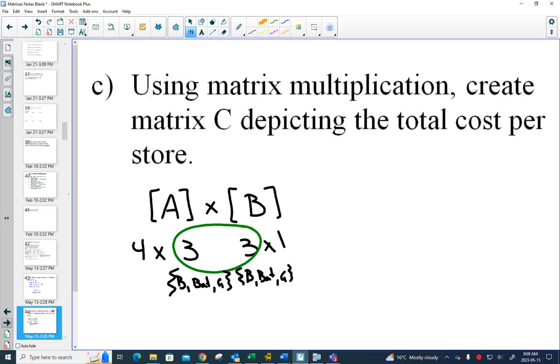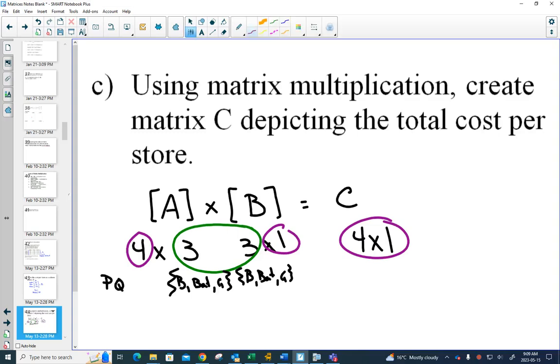If we multiply these together and get a matrix C, C is going to be a 4 by 1. What did the 4 stand for? The 4 was stores P, Q, R, and S. And the 1 was a dollar sign. We are going to make a matrix where this is the dollar sign.